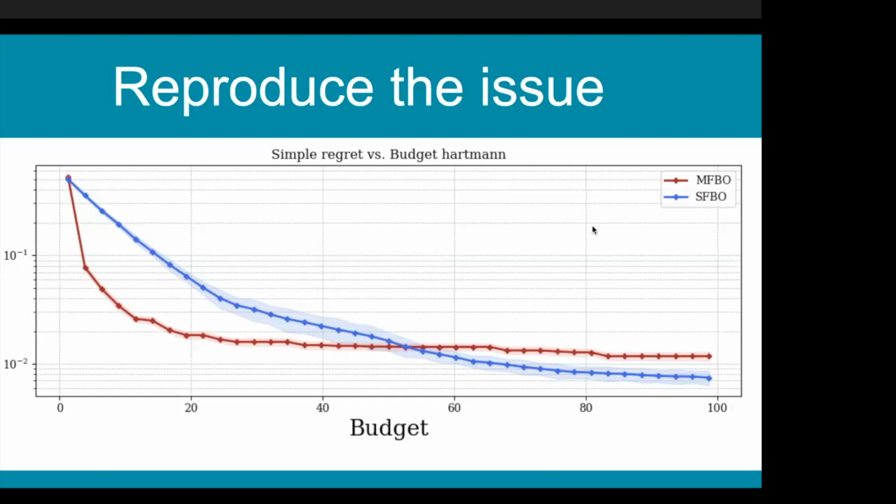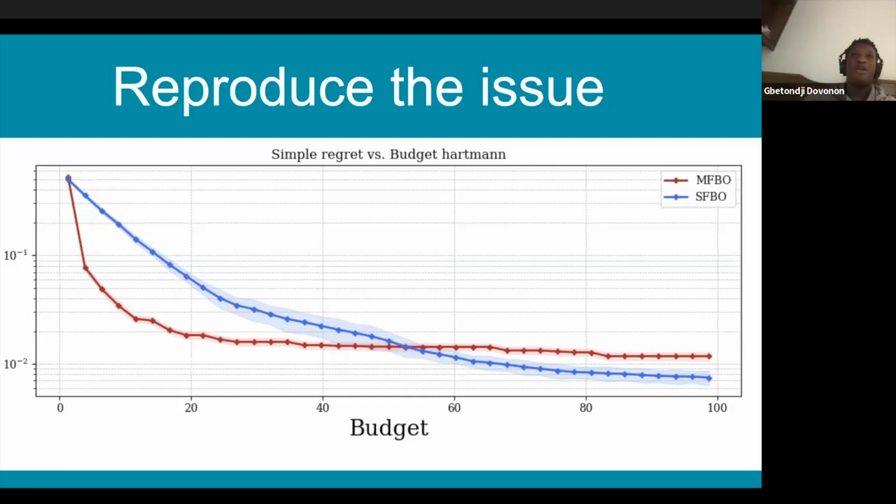So it should basically start ignoring the old lower fidelity data at some point. Or like, if you're a human, that's what you do. Maybe that. Yes, I guess so. But I'm not entirely sure how exactly that happens, because I would still need to do a few more experiments to validate my expectations.